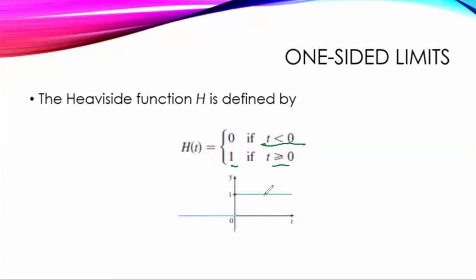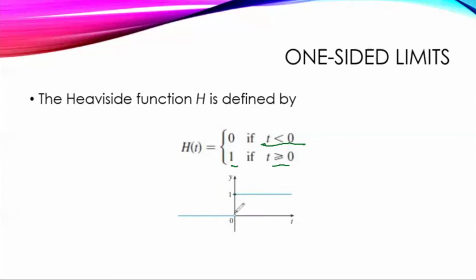The graph is this one. The graph of h of t is 0 if t is less than 0. So we are considering the values of t here less than 0. But notice that it's a hollow circle.